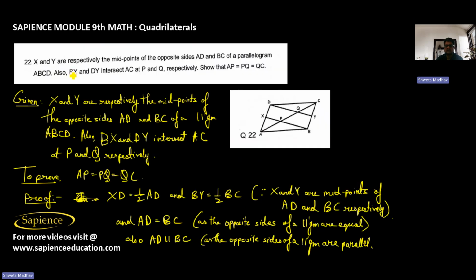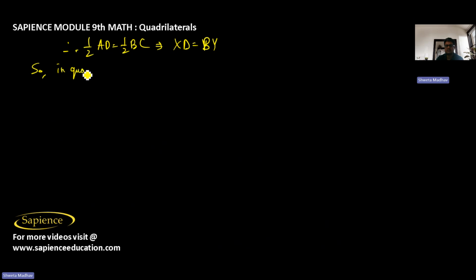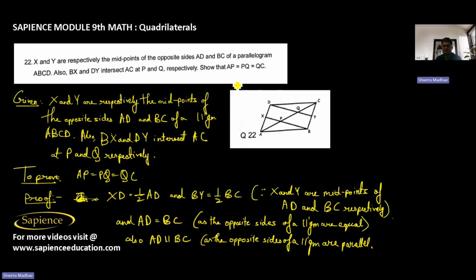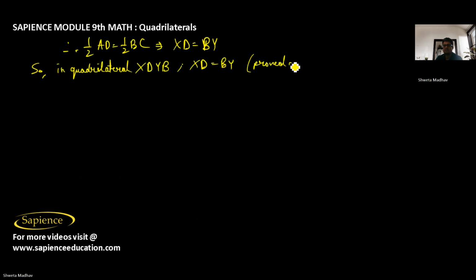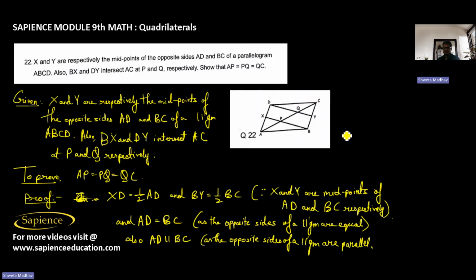So I can say in quadrilateral XDYB, XD equals DY, which is proved above, and XD is parallel to DY, since AD is parallel to BC, since ABCD is a parallelogram.